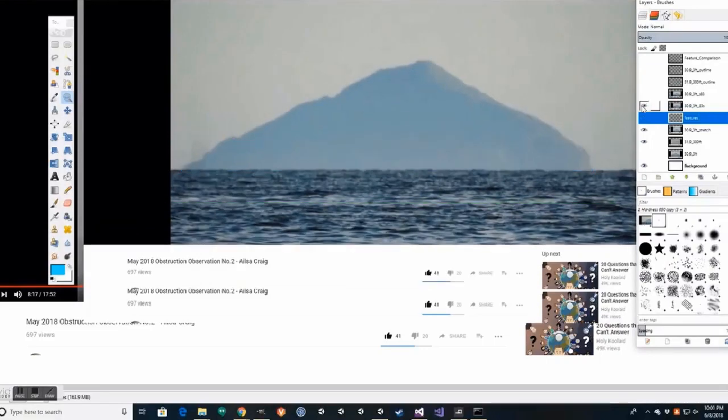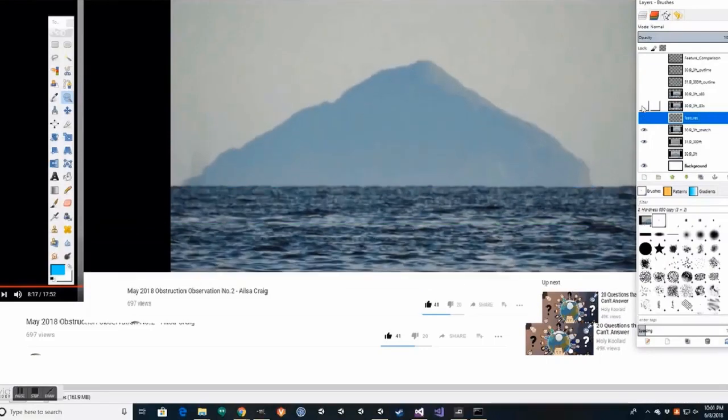Possibly we're seeing refraction. It's possible that this image is being stretched because of atmospheric refraction. Atmospheric refraction is something that happens, and if you watch the videos, you can see it comes up in some of these captures pretty clearly.